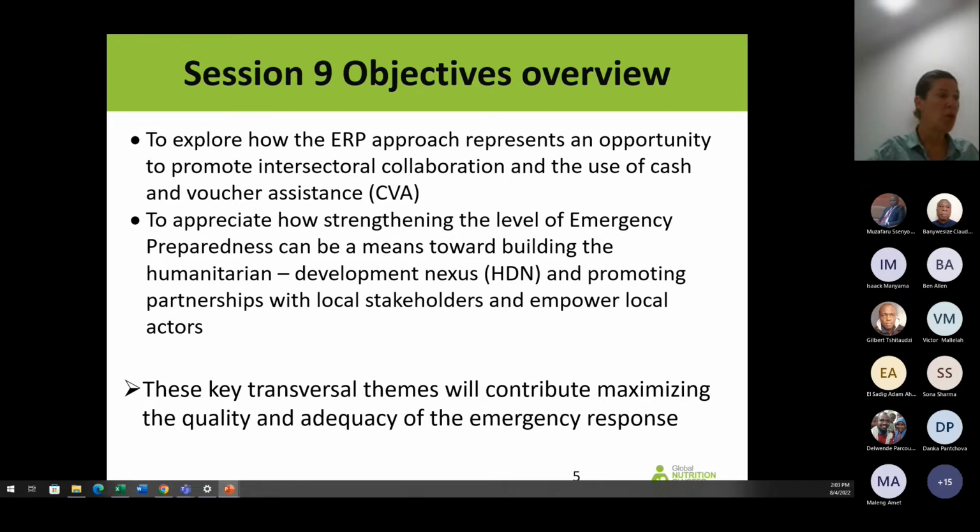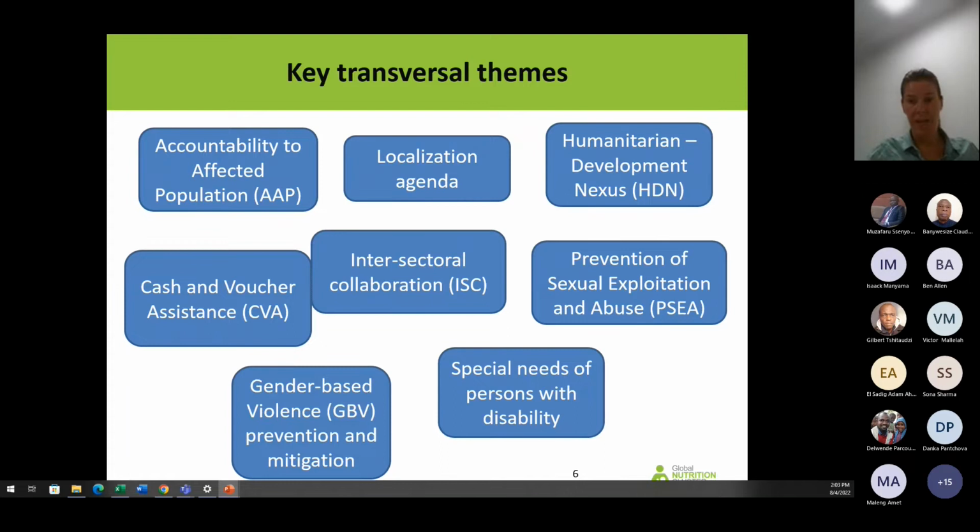Okay? So let me ask you this. Here are a few of those key transversal themes. I just mentioned a bunch of them. Can you recall from the previous workshop sessions any step that you think could represent an opportunity to mainstream one of these key cross-cutting themes?